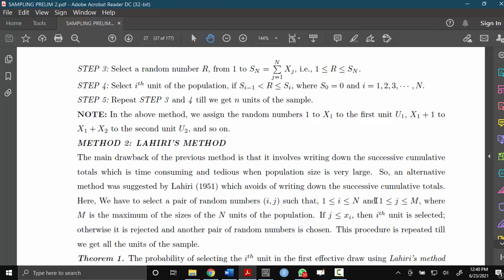So we are selecting a random number from 1 to the maximum size measure, that is M. So we have two random numbers, one is i, another is j. We are selecting the ith unit if j is less than or equal to xi. If this condition j less than or equal to xi is not satisfied, we reject that pair of random numbers and select a fresh one.